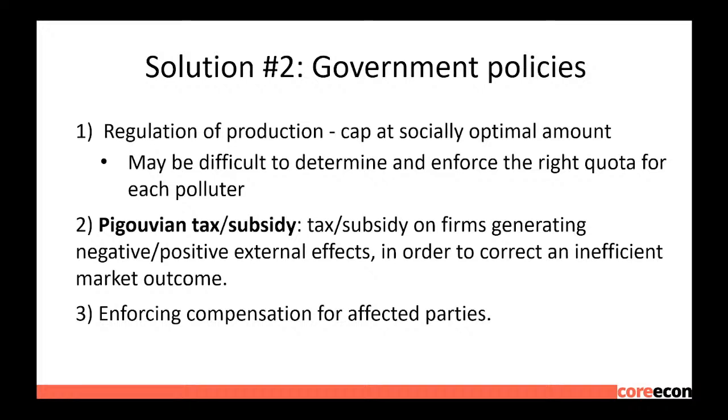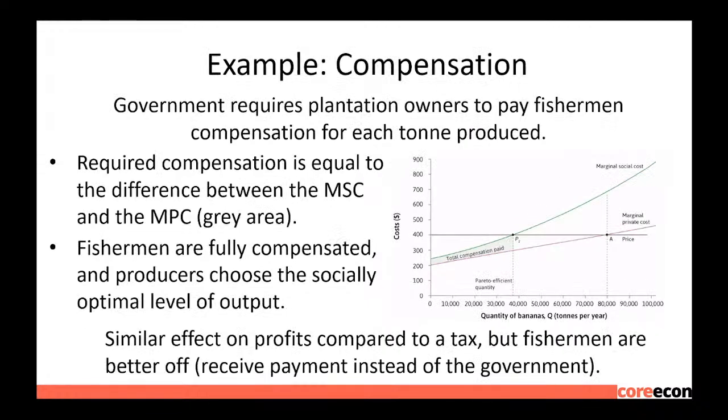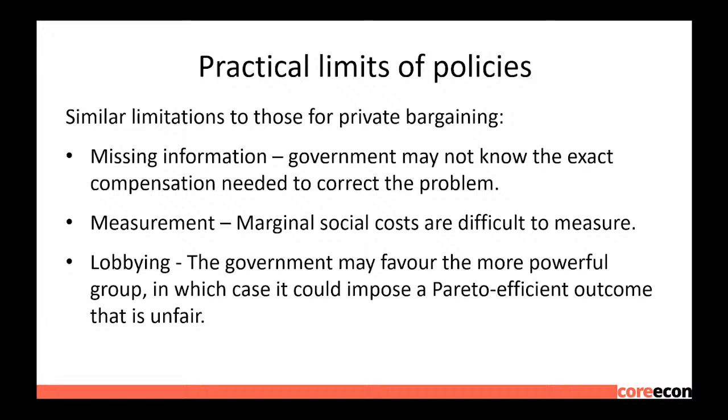And again, you might expect that in many real-world situations, the plantation owners may have lots of resources and even offices devoted to lobbying the incumbent policymaker. If that is the case, then it seems unlikely, for instance, that the government would choose the compensation scheme, which would effectively transfer money from the powerful group to the damaged, less powerful group of the fishermen. In this case, it could impose a Pareto efficient outcome, right? Still get to the 40K, but in a way that favors the plantation owners instead.